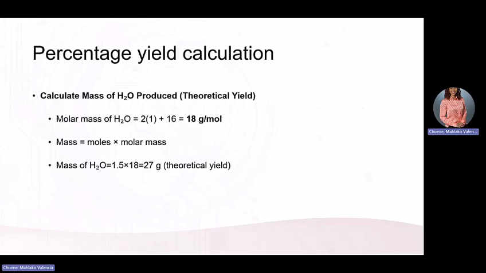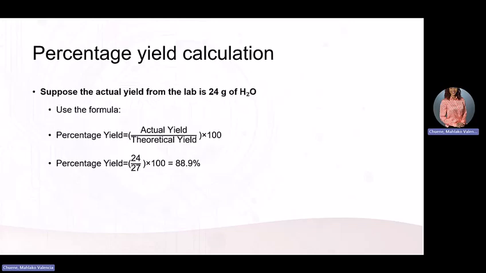All right, now say for instance in the lab they say that no, we actually produced 24. Remember, when you are working in the lab, you have to weigh and compare. So you find that actually you produced 24 grams of water instead of that 27. So we want to find out how much of that we yielded. So what is our percentage yield? All right, now in a percentage yield, we take the actual yield.